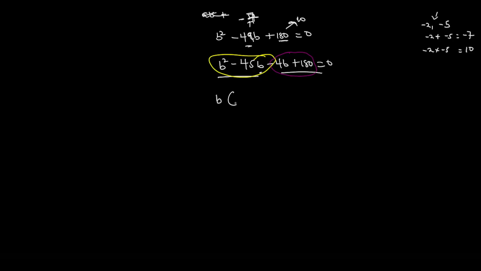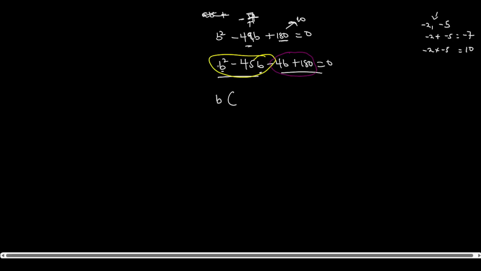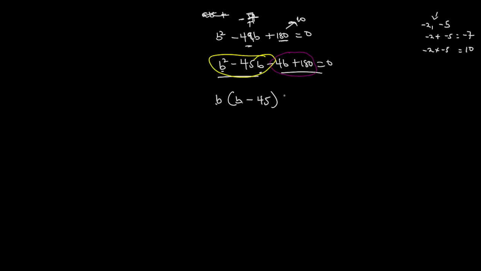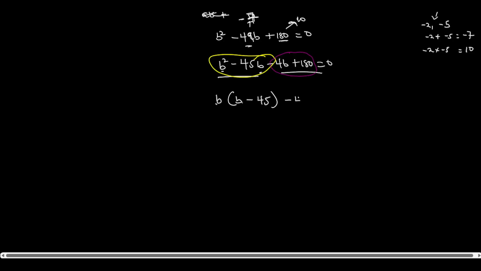Okay, let's move on. I factorize b out: b times b gives me b squared, minus 45b divided by b will be 45. So I get b times b minus 45. We are just grouping like terms. The same happens here. Let the common factor be -4.